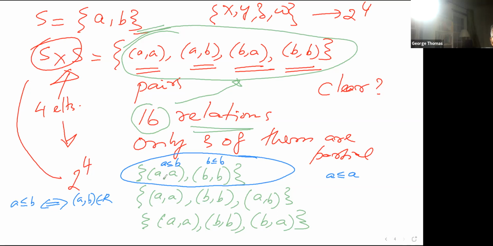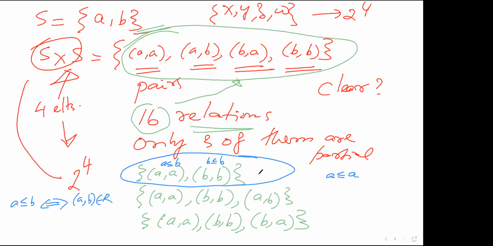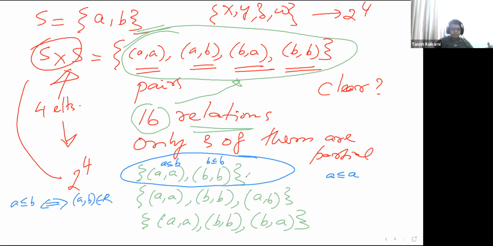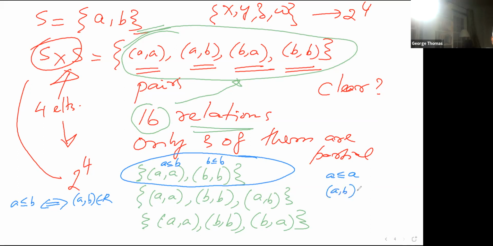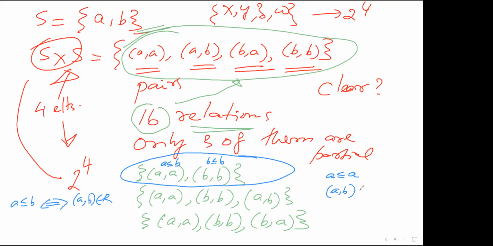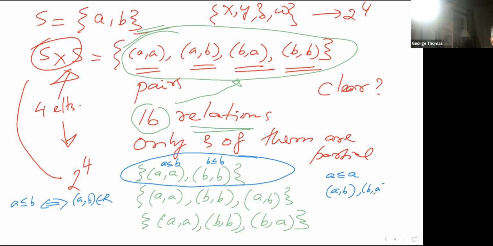Okay, reflexive. Is it anti-symmetric? Do you have an AB and a BA? No, so it's okay.